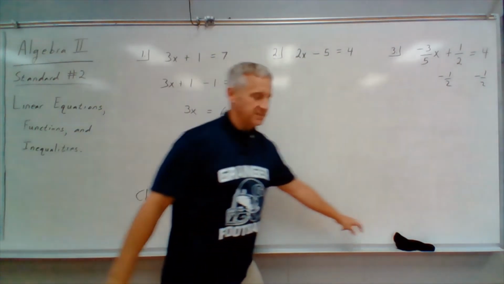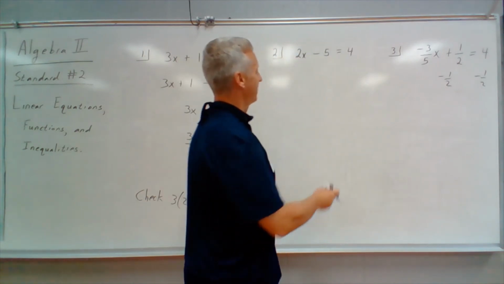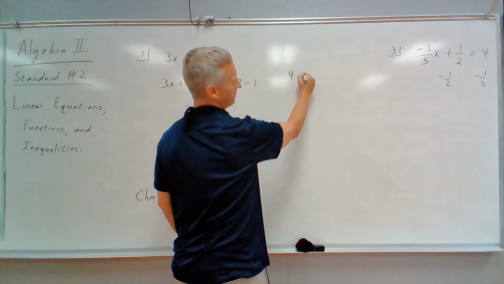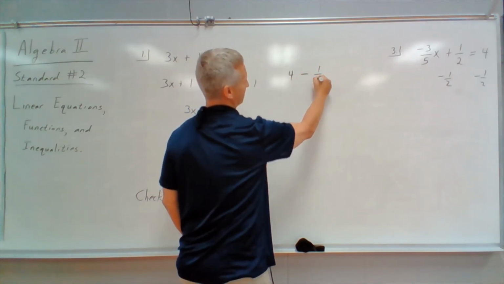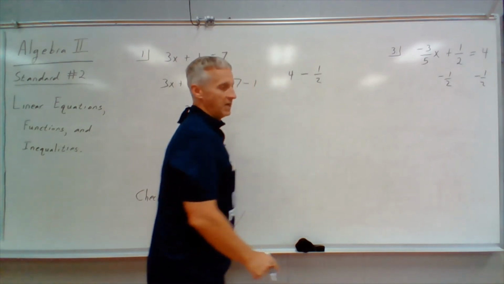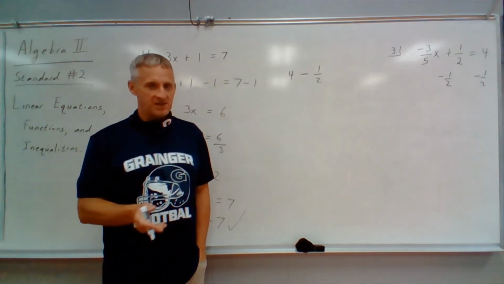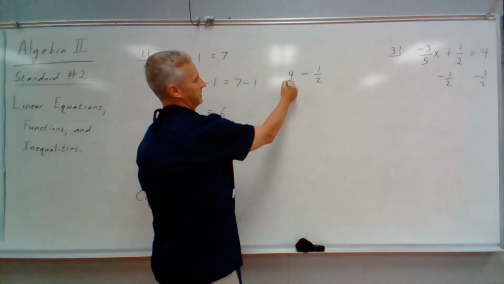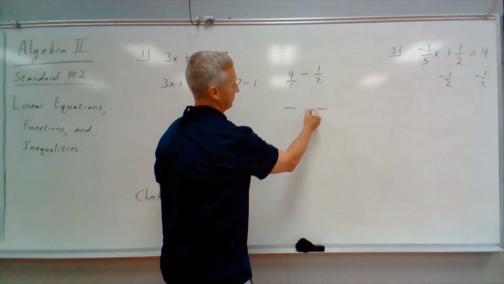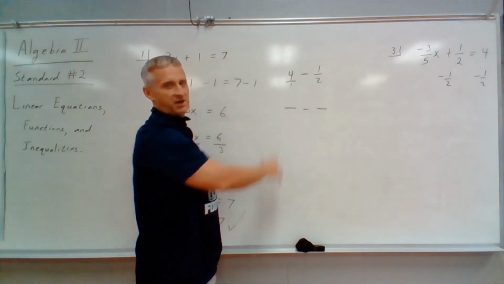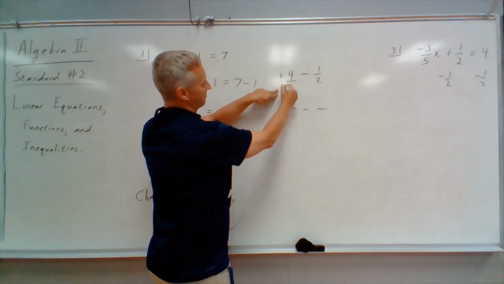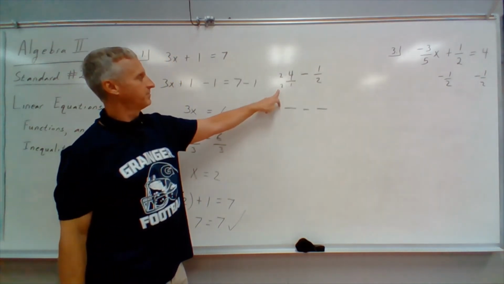I'm going to come over to the side and do some scratch work for the fraction part of it. So I have to do 4 minus 1/2. Over here, 4 minus 1/2. In order to add or subtract fractions, I need a common denominator. Okay, so let's put a 1 under this. My common denominator can be 2. So I need to multiply by 2 on the top and 2 on the bottom.